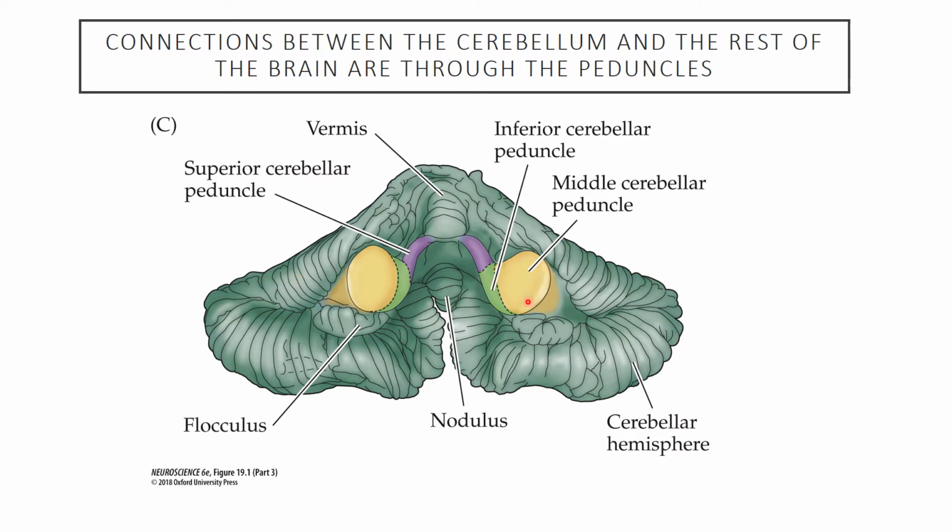You would have to cut it through the peduncles, and we have two major peduncles, and there are pairs of them on either side of the cerebellum. We've got the middle cerebellar peduncle, through which the pontine nuclei connect up to the cerebellum. We also have the inferior cerebellar peduncle. And then this is the nodulus and the flocculus, which makes up the vestibulocerebellum.